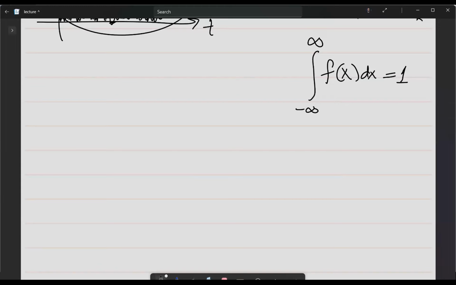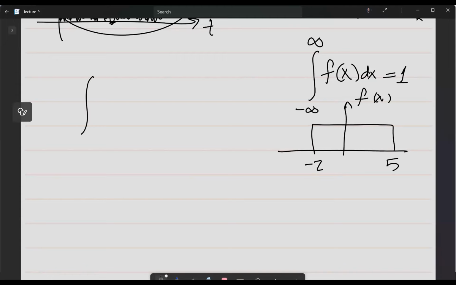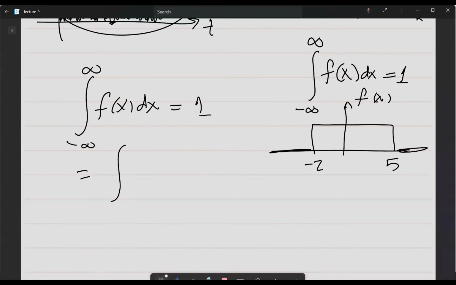Must be 1. Okay. For example, if we take this uniform distribution, let's say from -2 up to 5, then the integral of f of x dx from minus infinity up to infinity equals 1. Of course, we have nothing below -2 and nothing after 5, so it is also the same as the integral from -2 up to 5 of f of x dx, which equals 1.